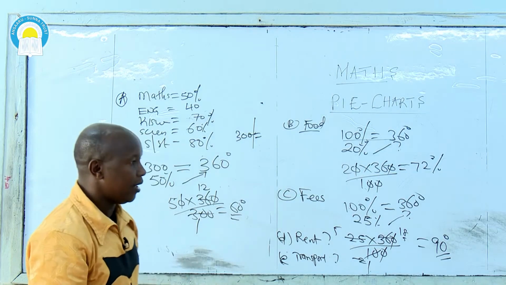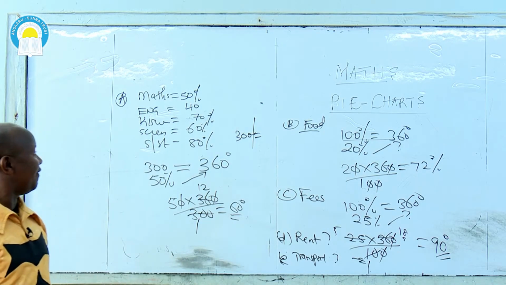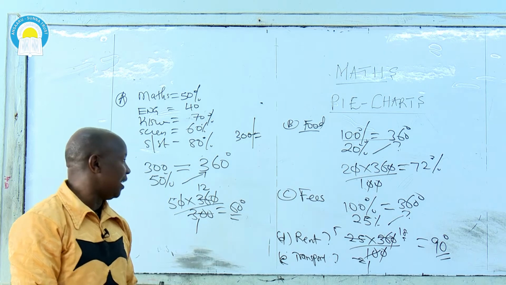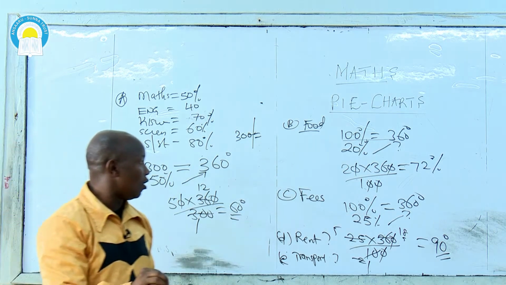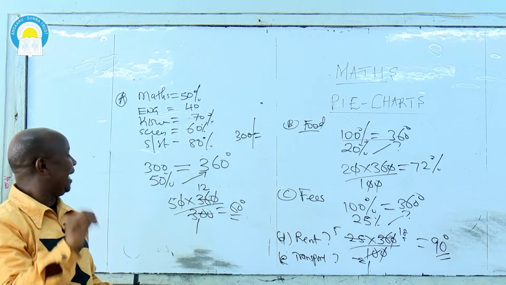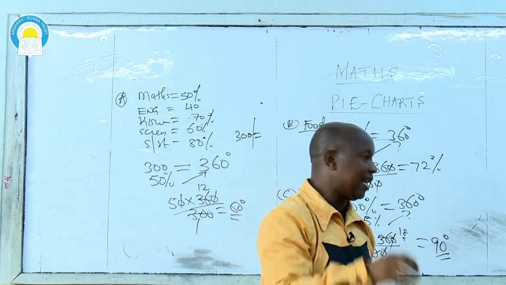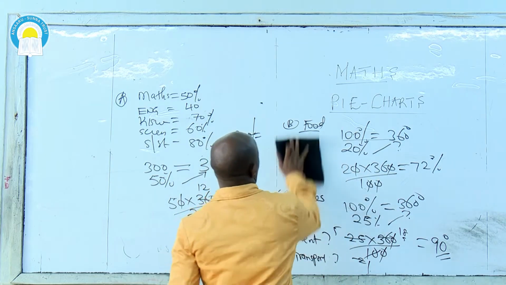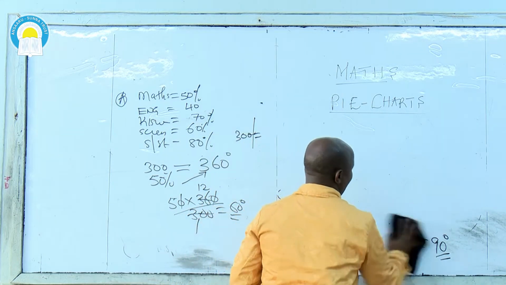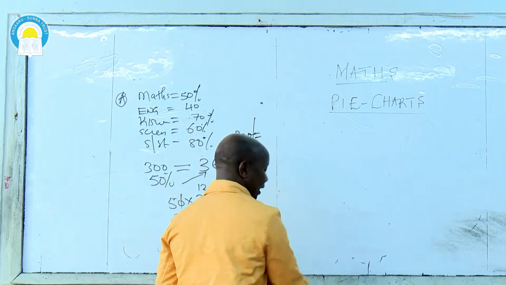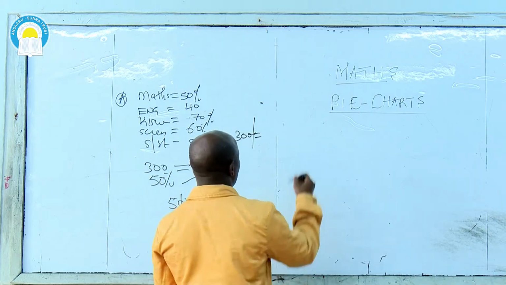Another question now: if a pie chart was to be drawn, what angle would represent English? Let us now get the angle represented in degrees in a pie chart. So now we have the English of Abdi in a pie chart.